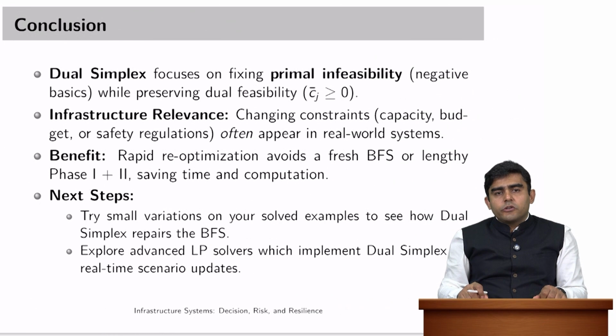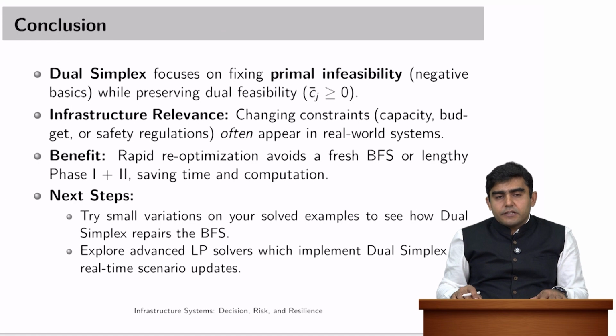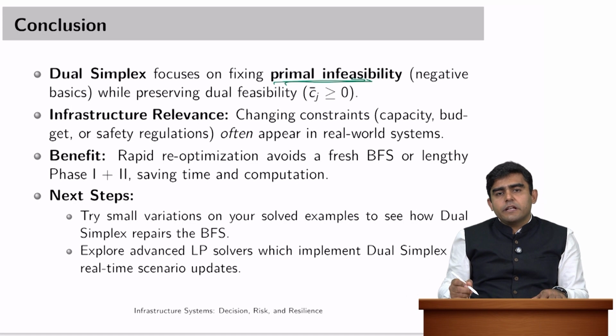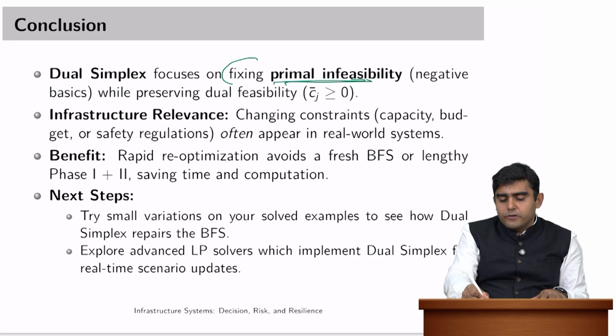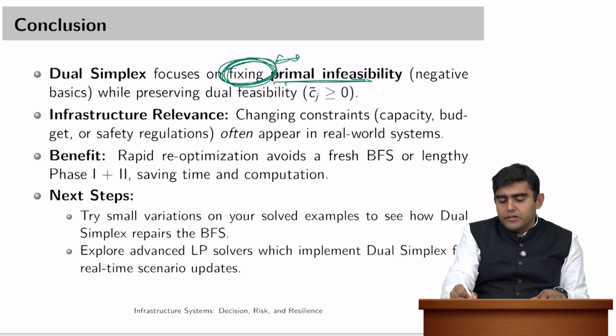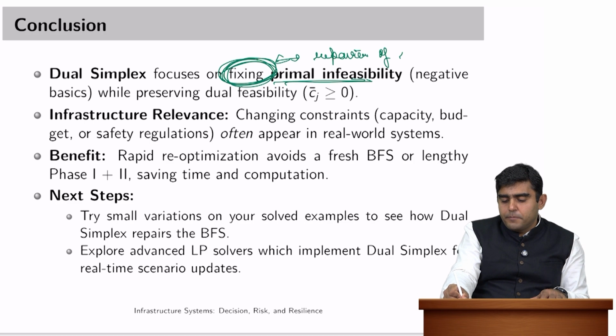So we can now conclude this particular discussion: dual simplex focuses on fixing primal infeasibility. In an earlier version of this lecture, I spent some time on this fixing. At the end, I said that dual feasibility is repair of primal infeasibility.